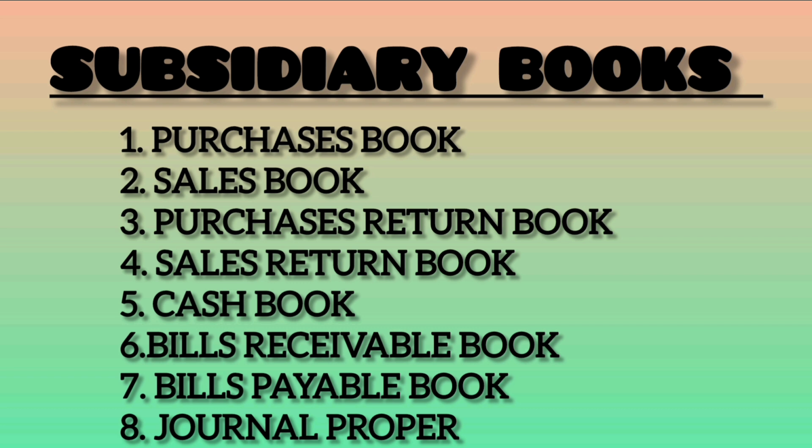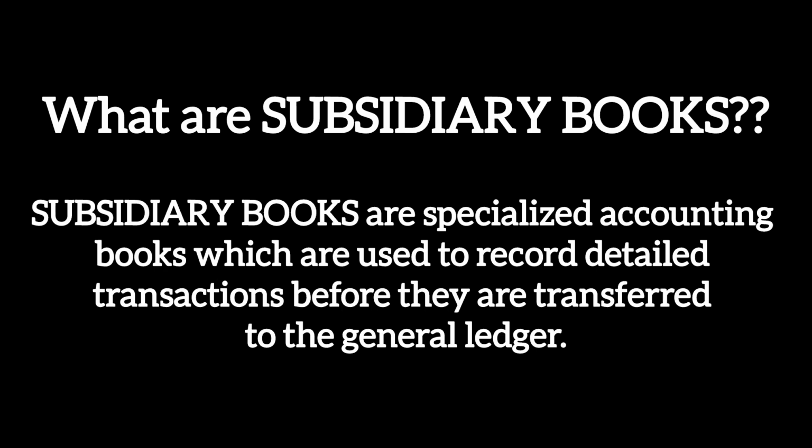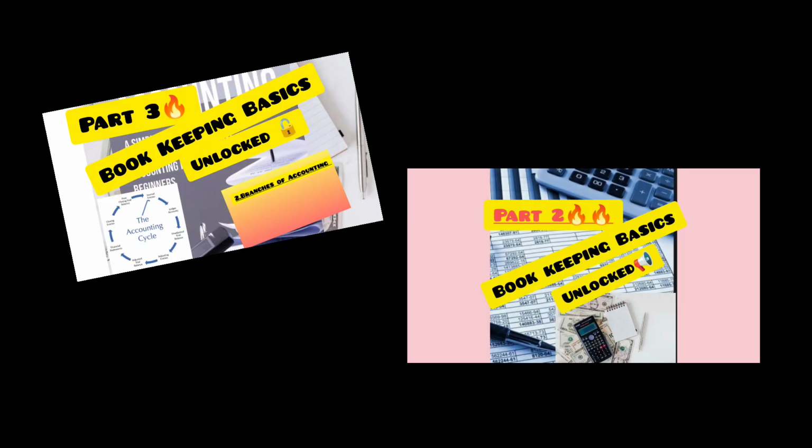Now, let us understand what subsidiary books are. Well, subsidiary books are specialized accounting books which are used to record the detailed transactions before they are transferred to the general ledger. In my previous video, I told you that in business, there are numerous transactions taking place. Yes or no? In a single day, there are thousands and thousands of transactions taking place in business.